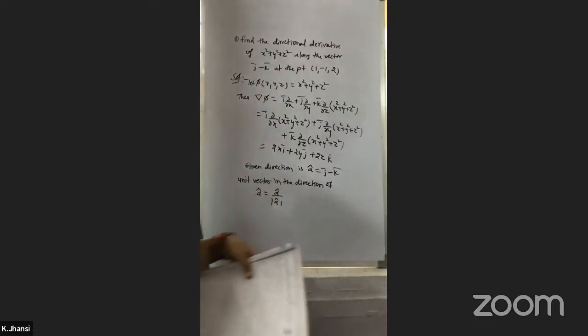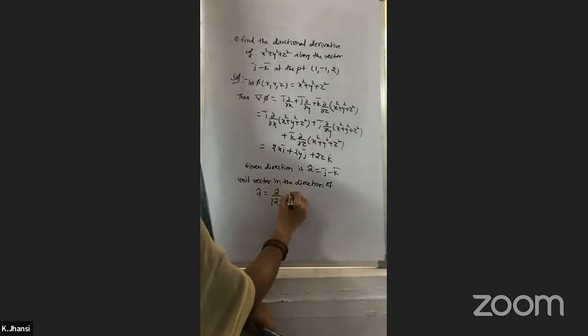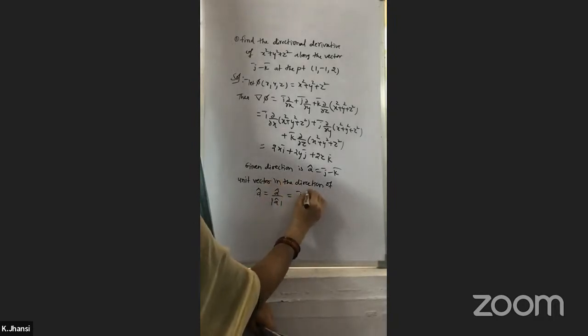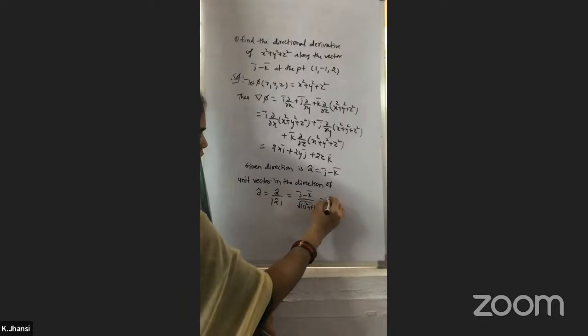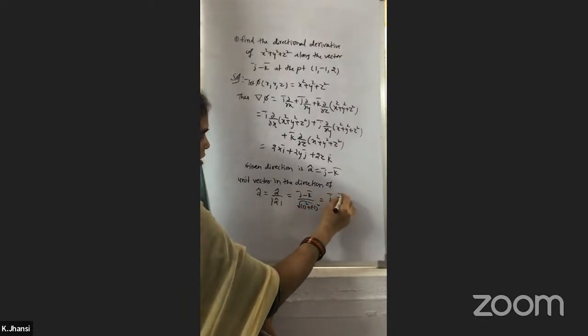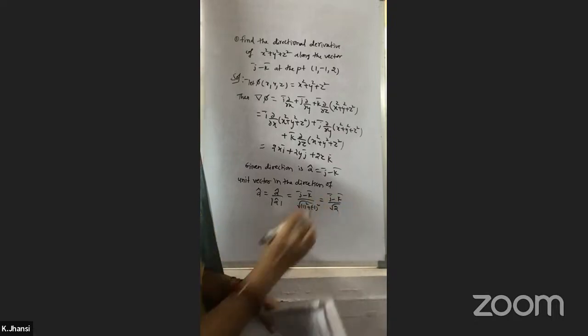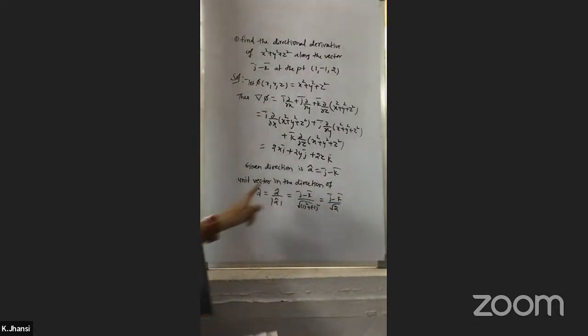So this is the formula we have. So vector A is j minus k by its modulus, that is 1 square plus minus 1 square under root. So you get j minus k by root 2. Okay. This is the unit vector.